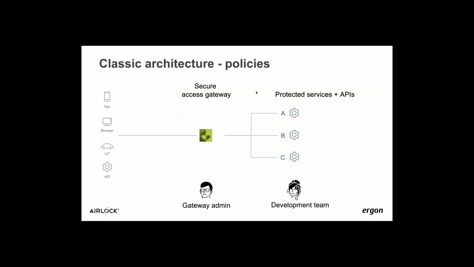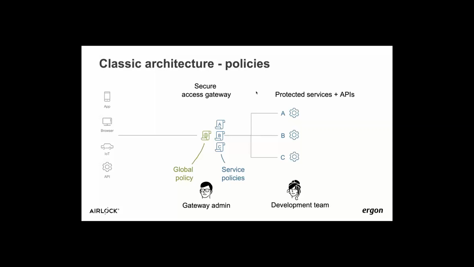And with regard to operations, there are typically two roles responsible for this infrastructure. One is the gateway administrator and the other is some representative of the development team. The problem now is that on these access gateways, you have a mix of global policies that are shared for all services and service-specific policies.